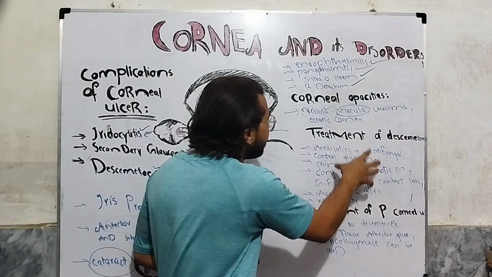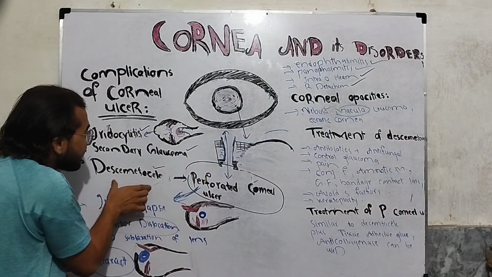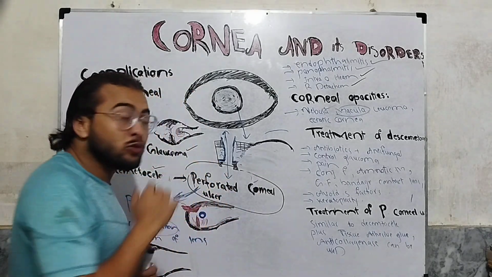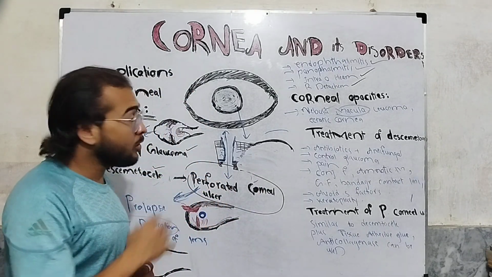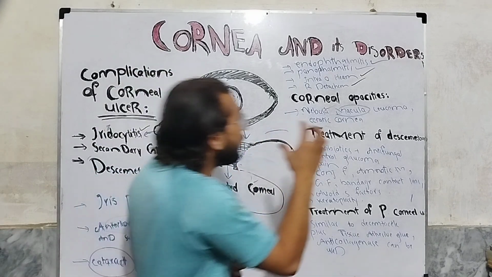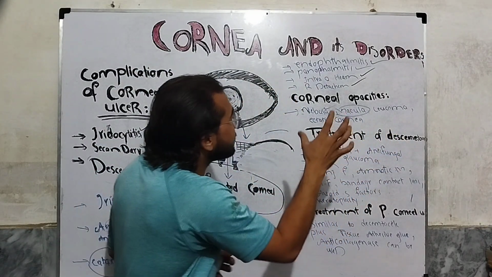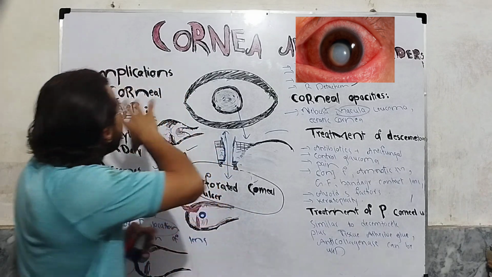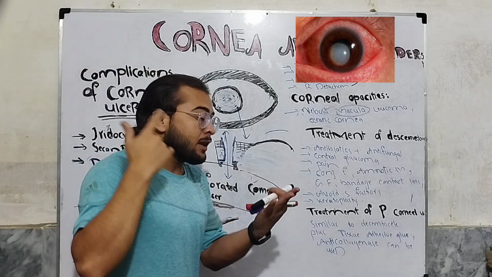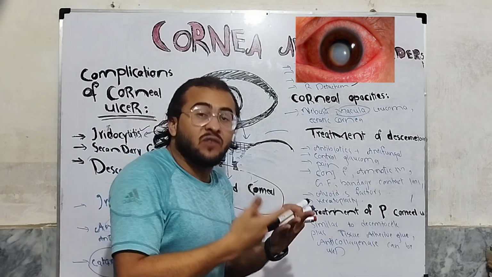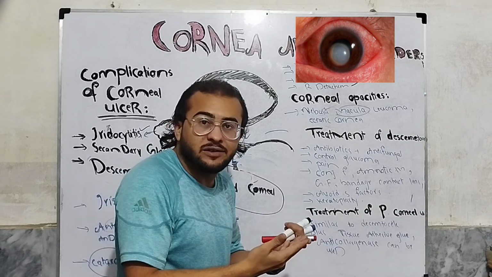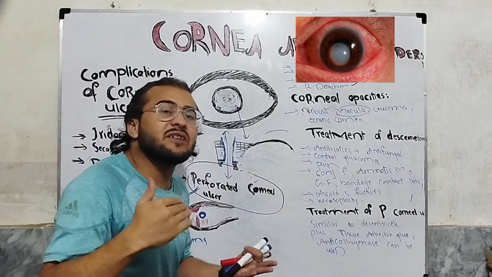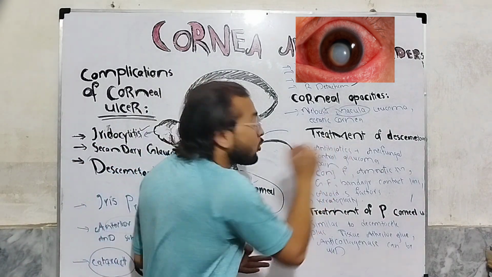Now how can we treat? As the descemetocele and perforated corneal ulcer are so dangerous, we should treat them, right? Okay, so how can we treat them? As I told you before, these complications can be caused by bacterial corneal ulcer, by fungal disease, and by viral disease, but the incidence of these complications is more in bacterial corneal ulcer.